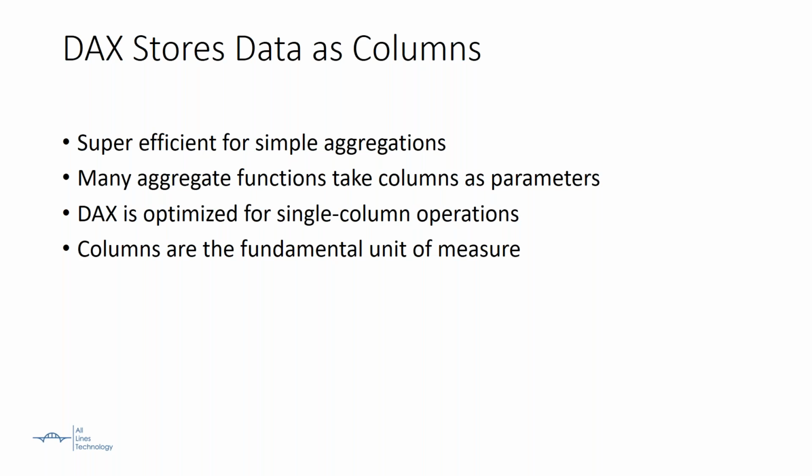And if you want to do some sort of expression, like price times quantity to get total price or extended price, whatever you want to call it, you have to jump through a few more hoops. And we'll talk about that. But I really want to get in everyone's head that columns are the bread and butter of the DAX engine. Columns are the bread and butter. So let's get a visualization in our head so we understand this better.